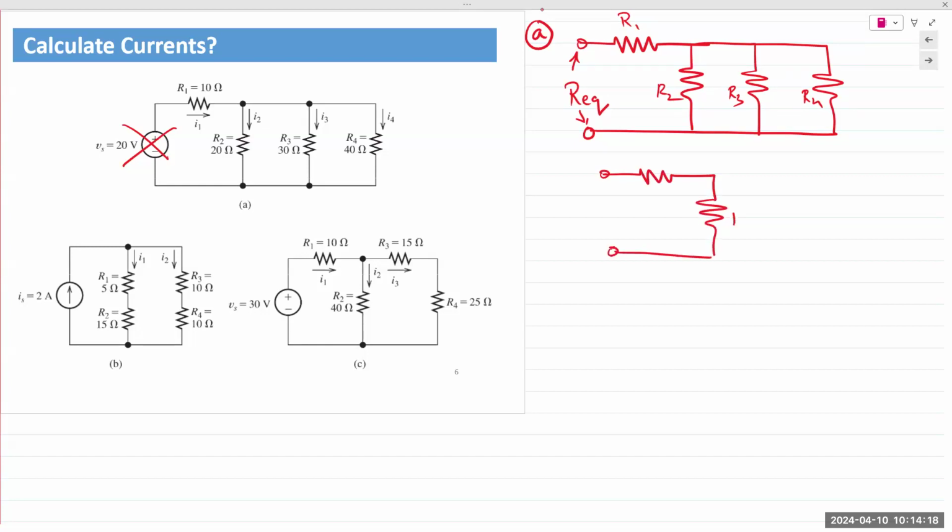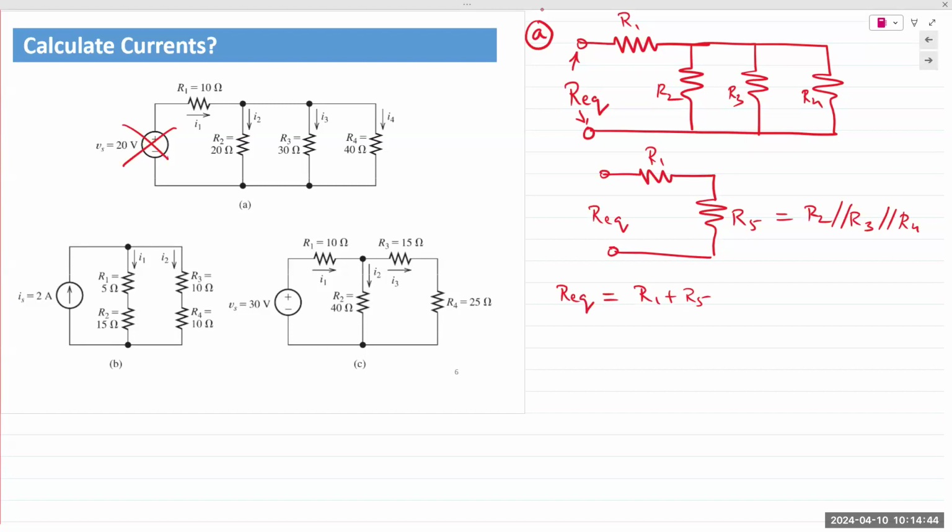Let's call it R5. R5 is the parallel combination of R2, R3, and R4. There's R1. So my Req is simply R1 plus R5. R5 is a mathematical representation of the 3 resistors in parallel.